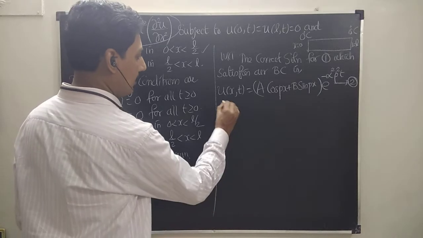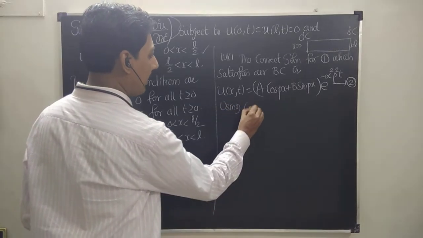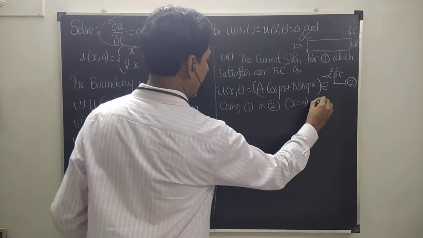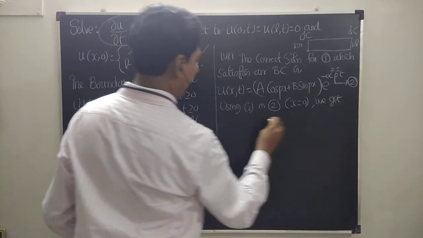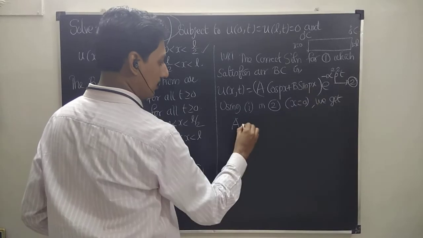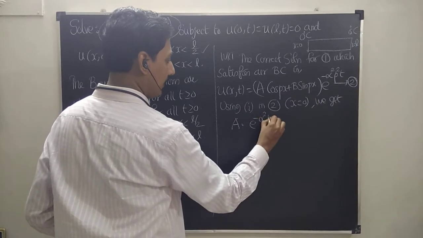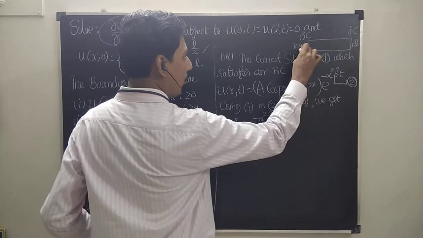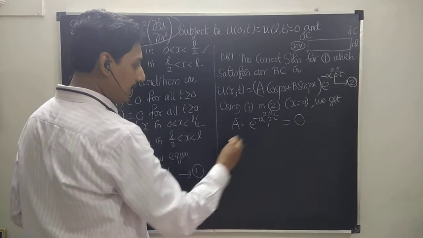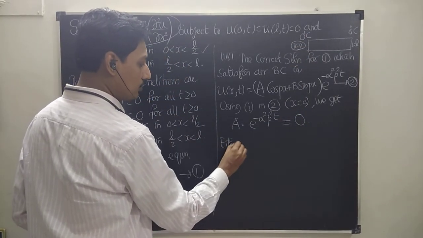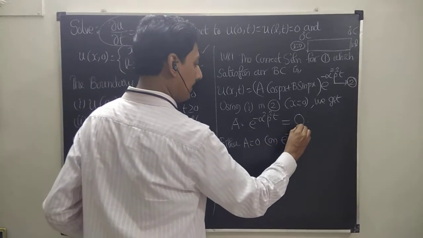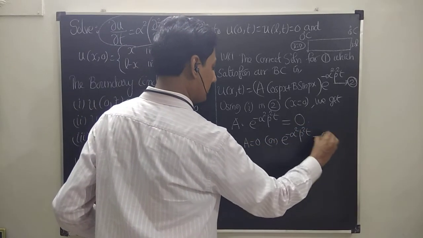Let us use condition number 1 in equation number 2, by putting x equal to 0. By putting x equal to 0, cos 0 is 1, sin 0 is 0, so a into e to the power minus alpha squared p squared t is equal to, what is the temperature at the left end? 0 only. So the product of these two terms is equal to 0. So either a equal to 0 or e power minus alpha squared p squared t is equal to 0.